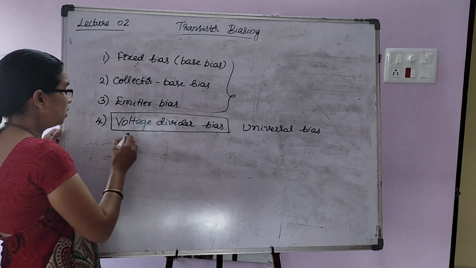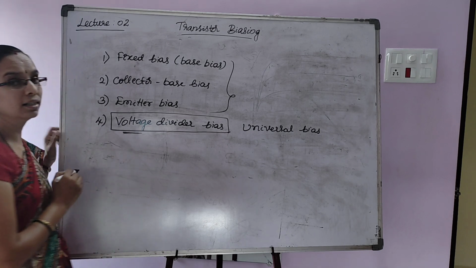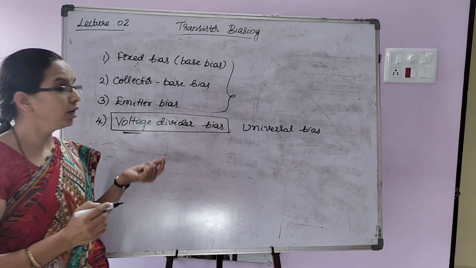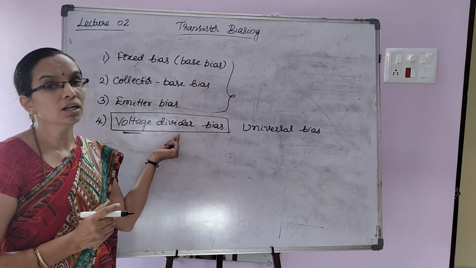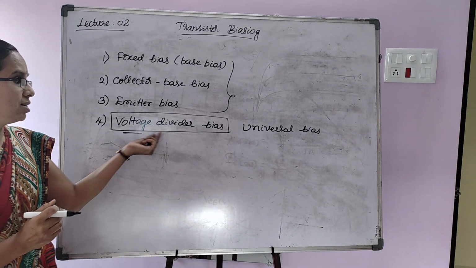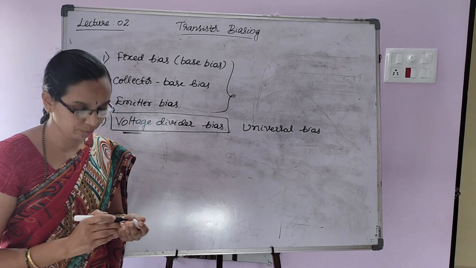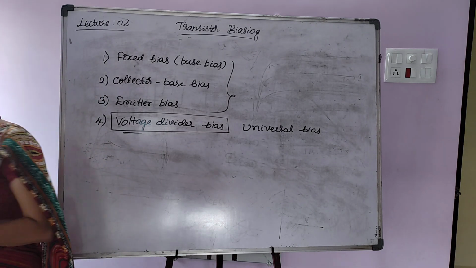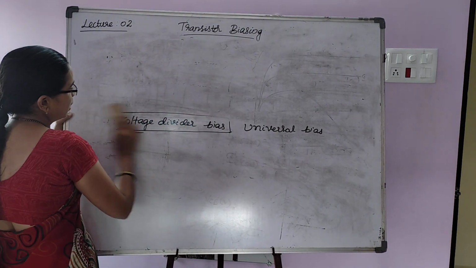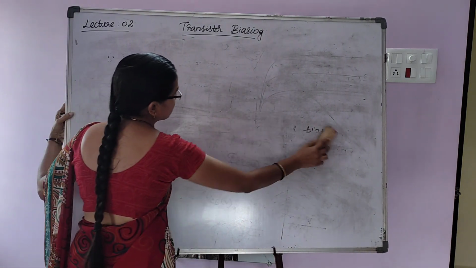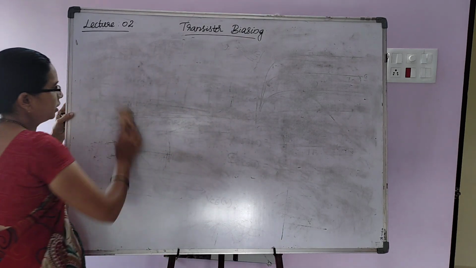So we will study how to select the DC load line endpoints using the voltage divider biasing circuit, and also how to find the Q point using this biasing circuit. There may be a question asking to mention the different types of biasing circuits. At that time you should remember this.